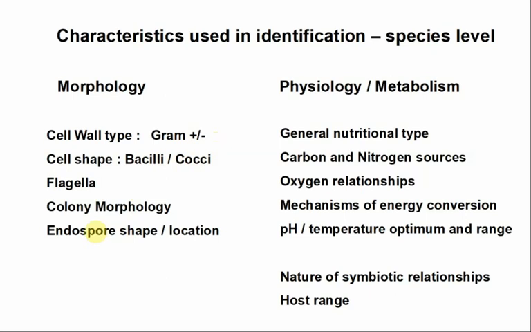Often they're based on biochemistry. That is, you know, what carbon and nitrogen sources can be used, whether they're aerobic, anaerobic, this kind of stuff. What's their general nutritional type, photosynthetic or not. What their growth characteristics are, whether they can grow at low pH, what's their optimum temperature range, this kind of stuff.